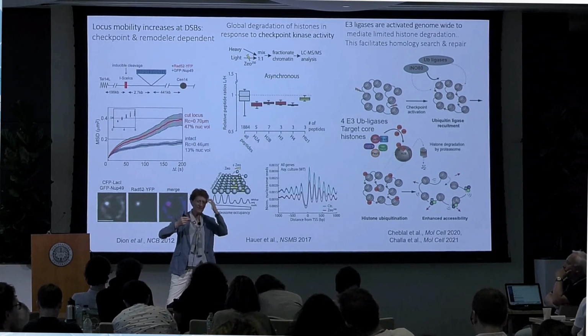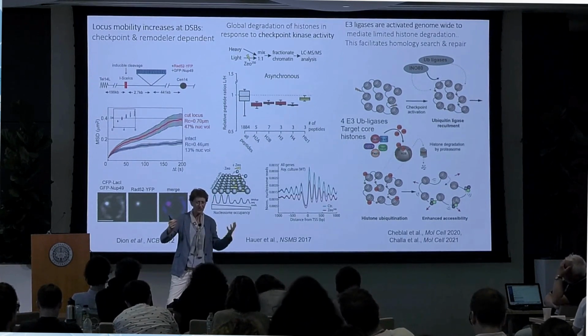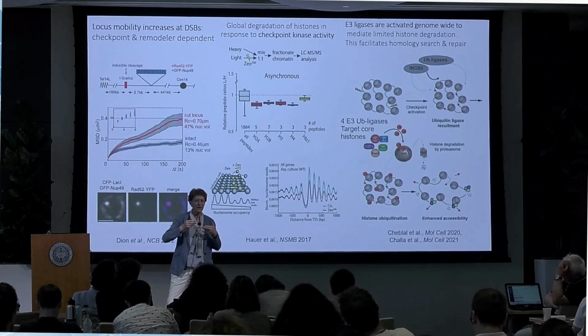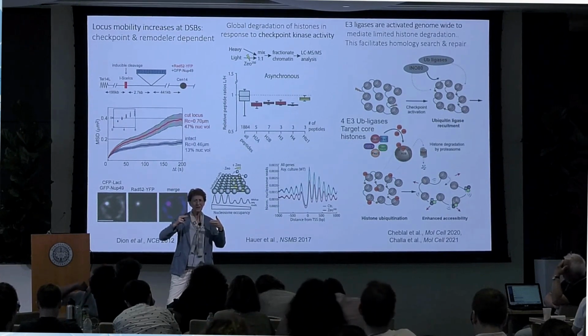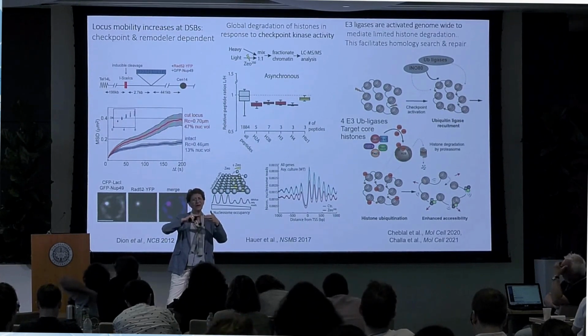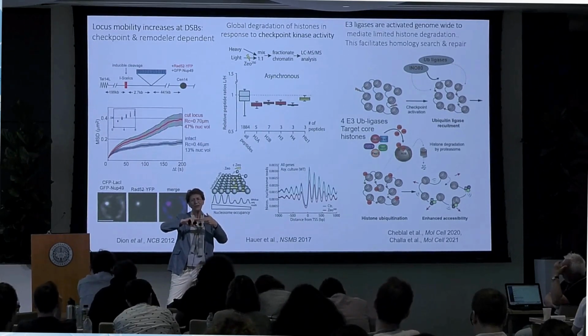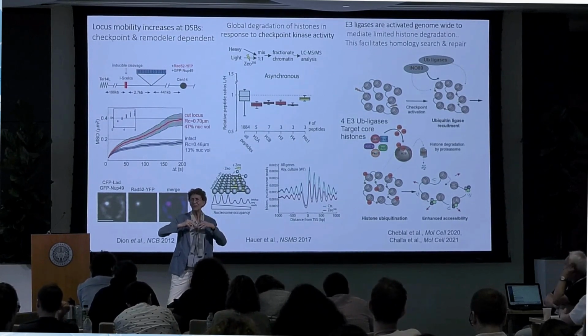We do see it, well, no, that's not quite true. We also see it with zeaxanthin, which is a general single and double-strand break-inducing agent. But if you have a blocked double-strand break, where the ends cannot be resected, or a collapsed replication fork, it's not that they move away from the periphery, they move to the periphery.